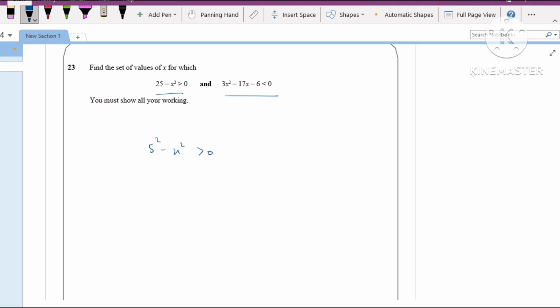So this is 5 minus x, 5 plus x, a minus b into a plus b greater than 0. You can solve 5 minus x greater than 0 or 5 plus x greater than 0. Here x becomes positive, x less than 5, and here it becomes negative, x greater than minus 5. So here x is greater than minus 5 and less than 5.